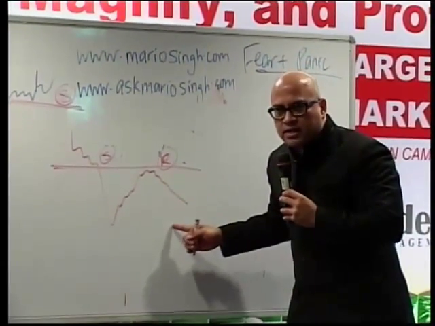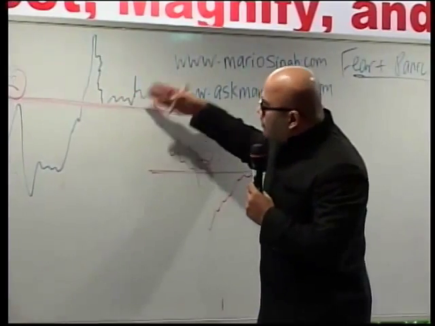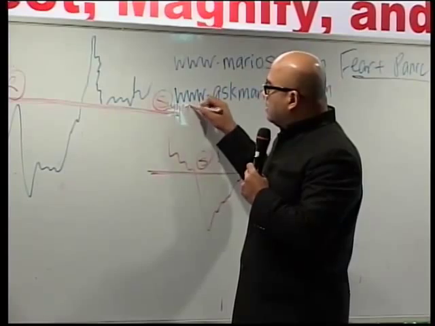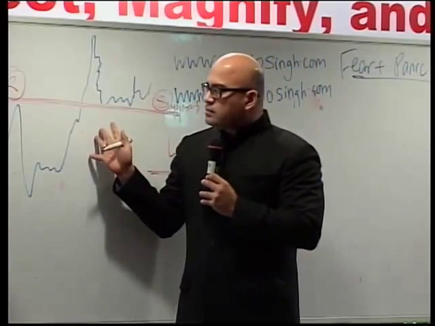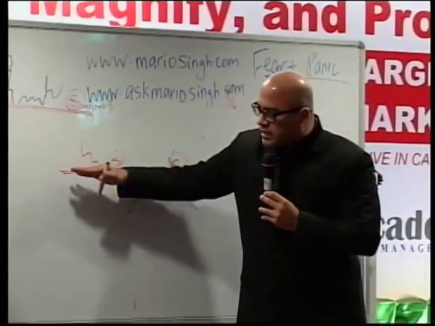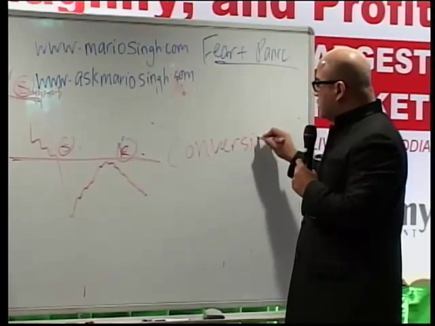Can you start to recognize this pattern? Okay. Goes up, come down, buy. This is not sell, this S is called support. Don't get confused. Okay, start to recognize these patterns. This is a very important line. It's called the area of conversion.